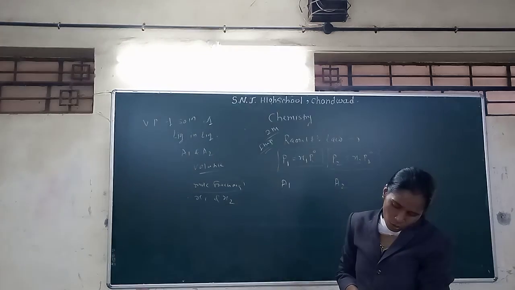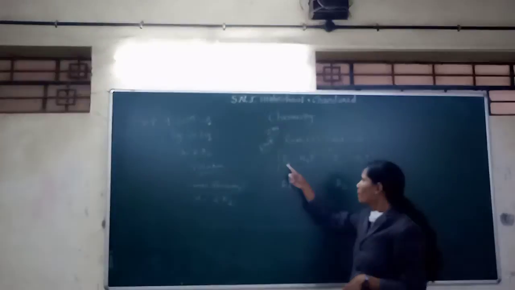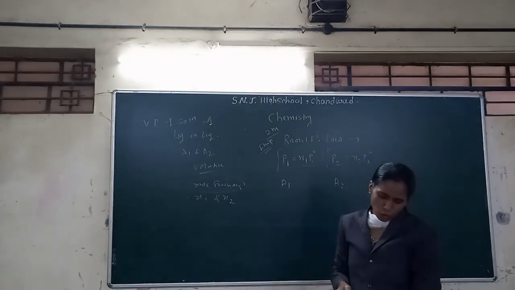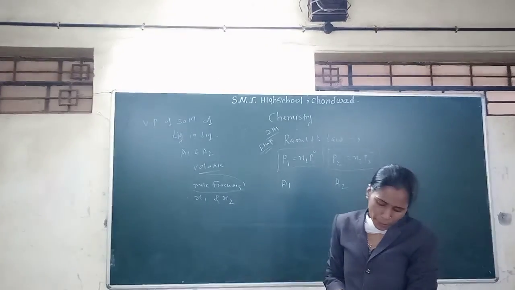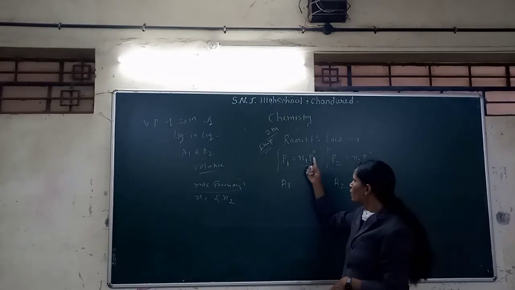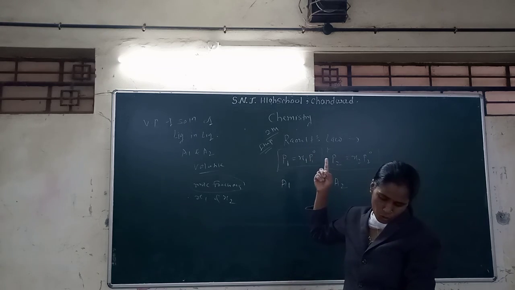Again I repeat Raoult's law. The partial vapor pressure of any volatile component is equal to the vapor pressure of the pure component multiplied by the mole fraction of the solute.